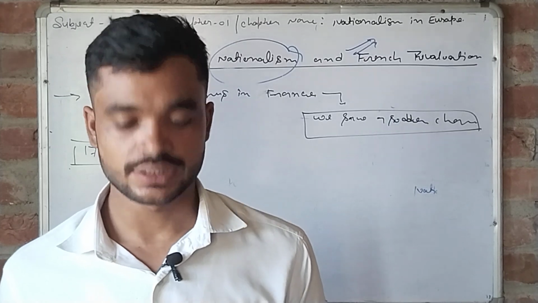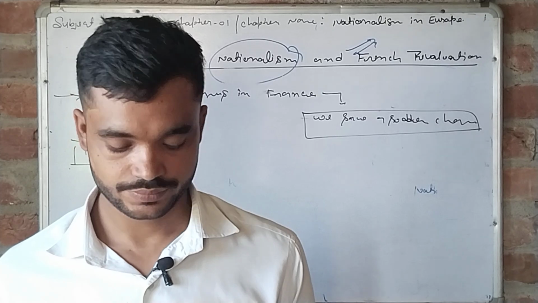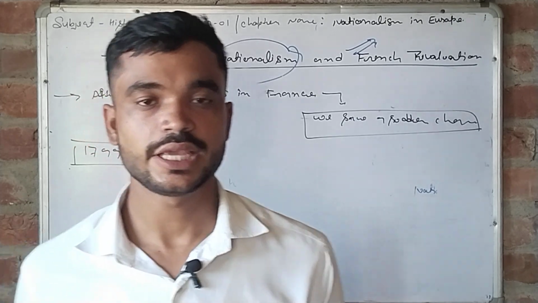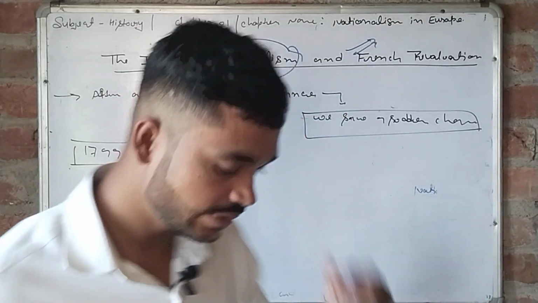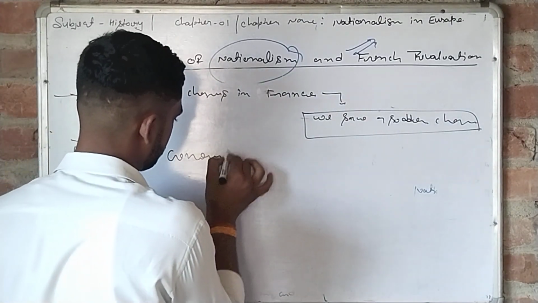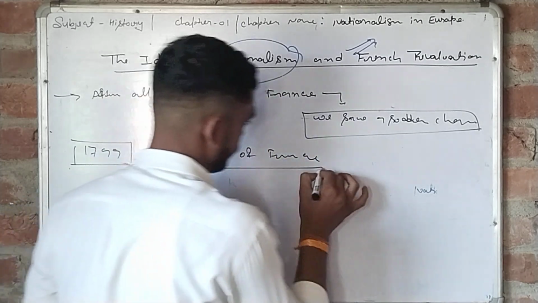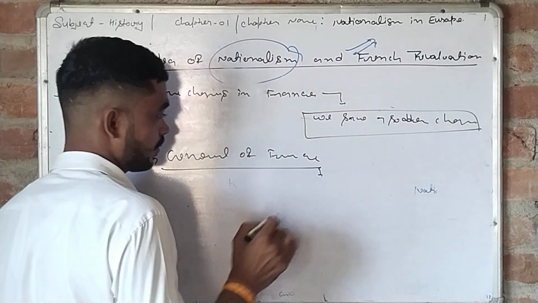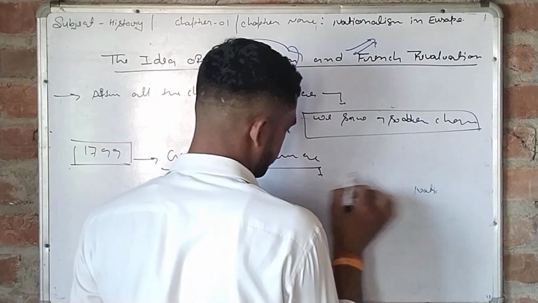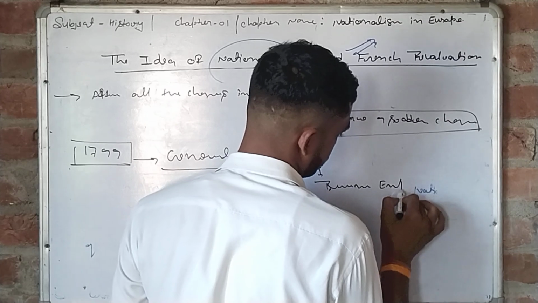The General of France became the emperor.